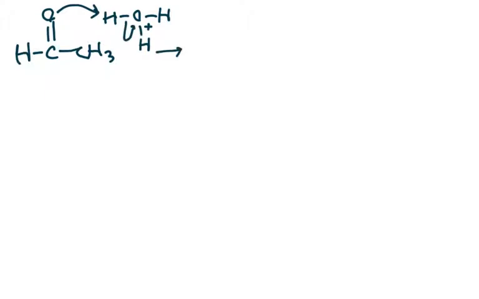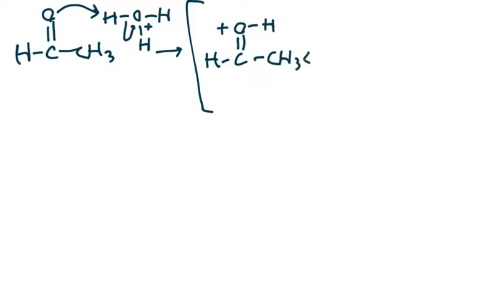That's going to give us a nice set of resonance structures here. So what's happening is we're moving these electrons to the oxygen. And that's going to leave the carbon electron deficient.